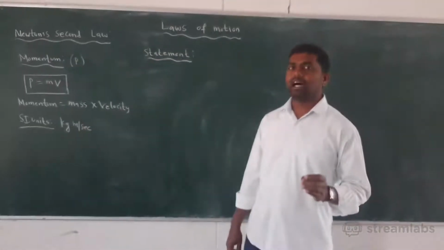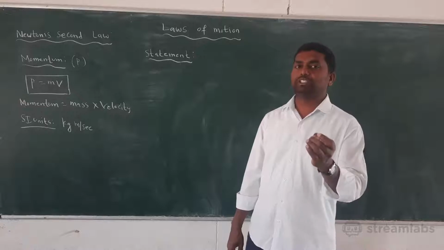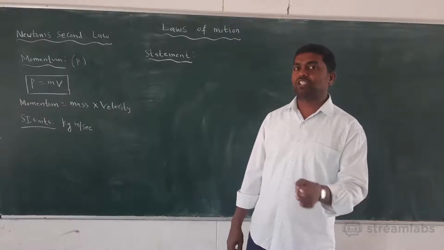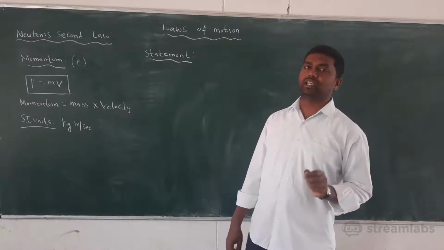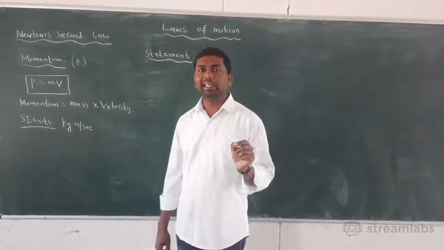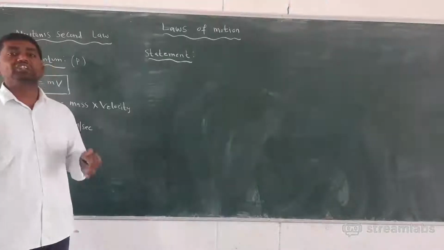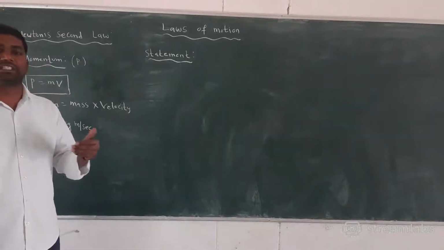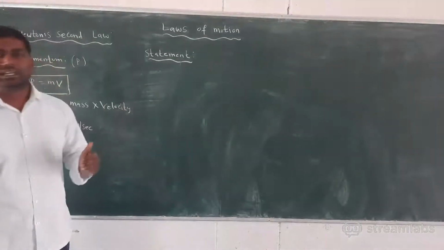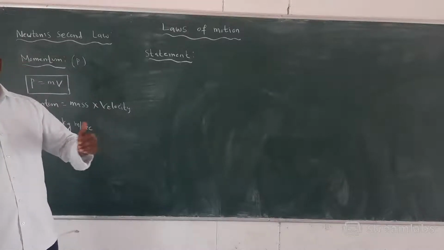Suppose the change in momentum is represented by dP or delta P. The rate of change of momentum is represented by delta P by delta T or dP by dt.